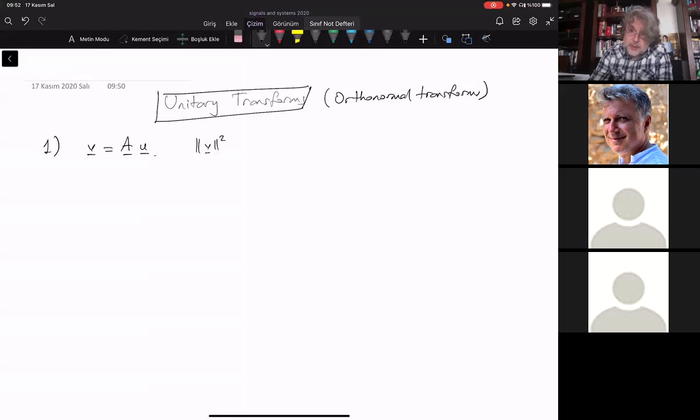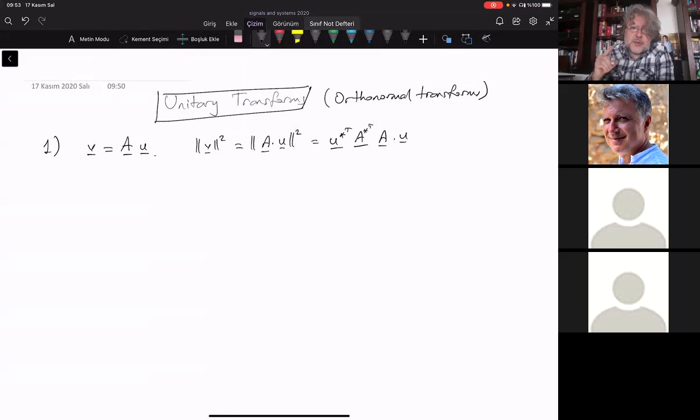The square norm of V will be equal to the square norm of A times U, and that is equal to U conjugate transpose times A conjugate transpose, which is the conjugate transform of A, times A times U itself. Okay, this is the square norm.